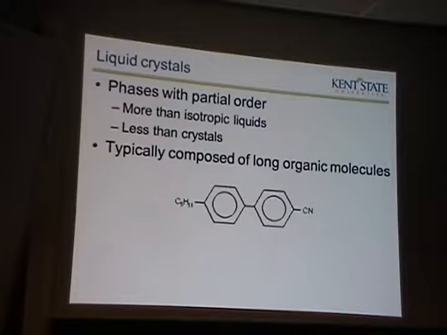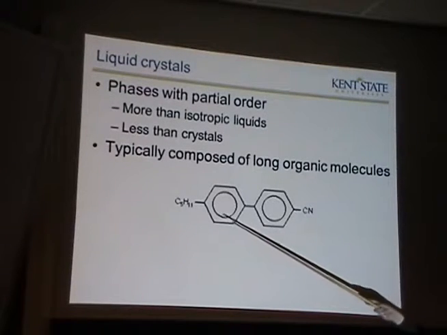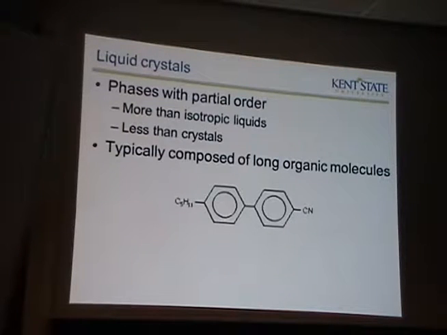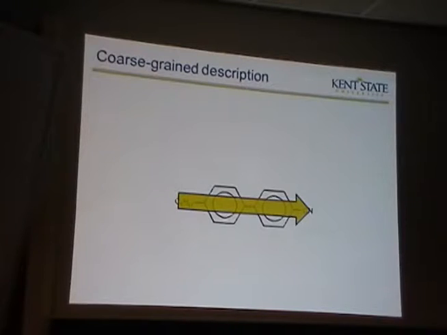That is, we want to average over all these atomic degrees of freedom. We're not going to think about where are all the atoms within this molecule. And so we will represent this by an arrow, right, indicating the orientation of the molecule. Right? There's just some unit vector in space represents which way this molecule is pointing.